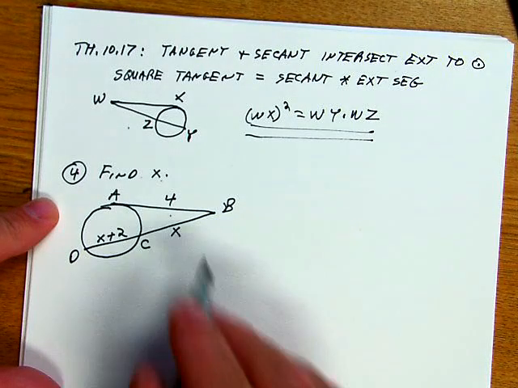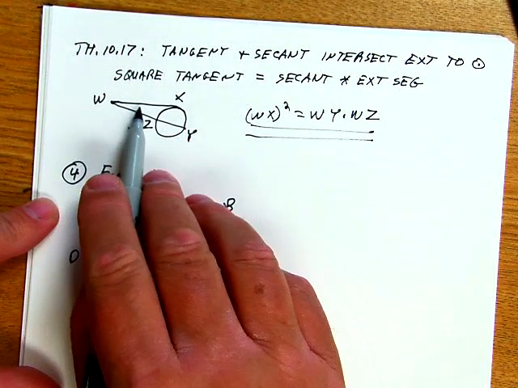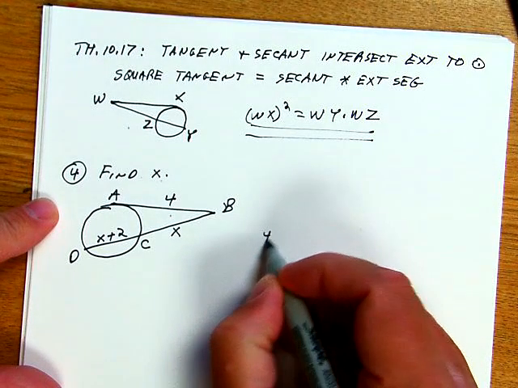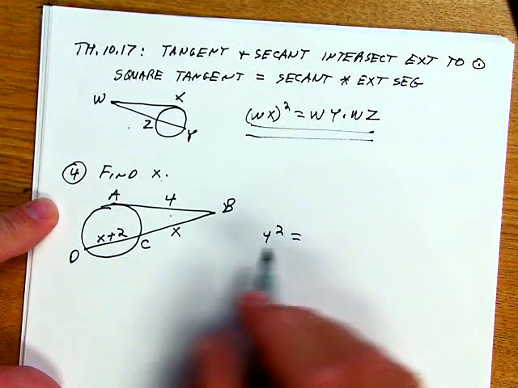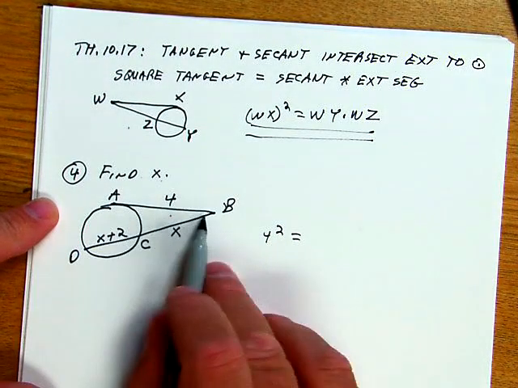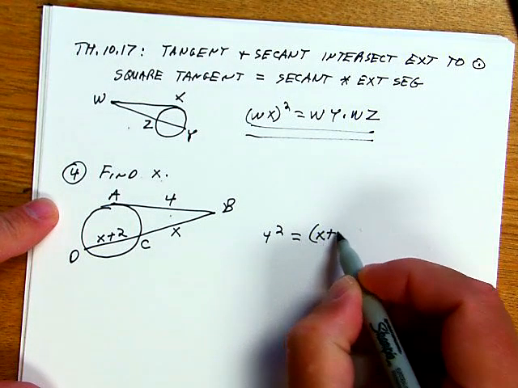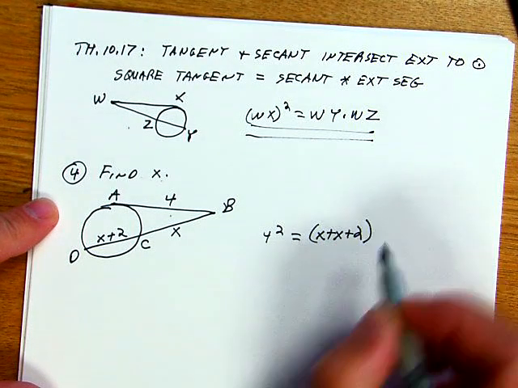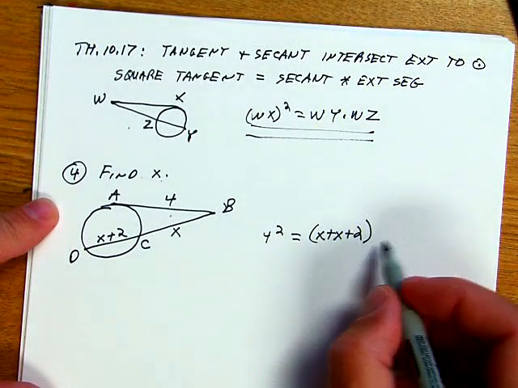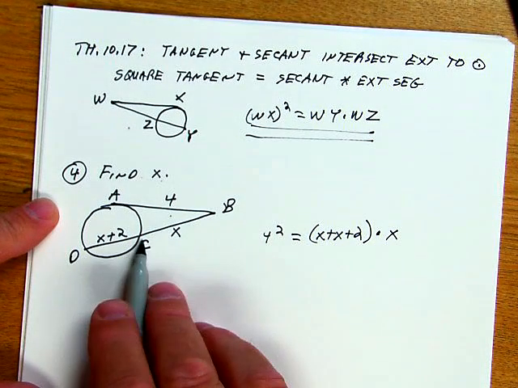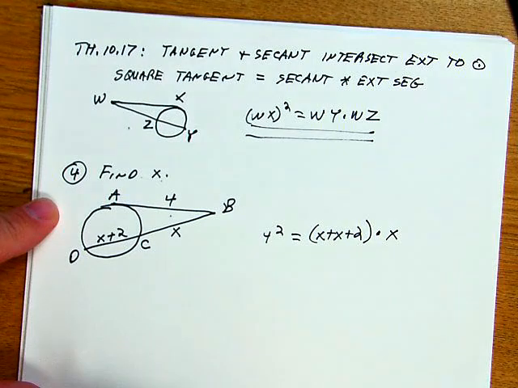So once again, I can take my tangent line squared, so it's 4 squared, is equal to my complete length of my secant, BD, so that is X plus 2, times X, which is the exterior secant segment.